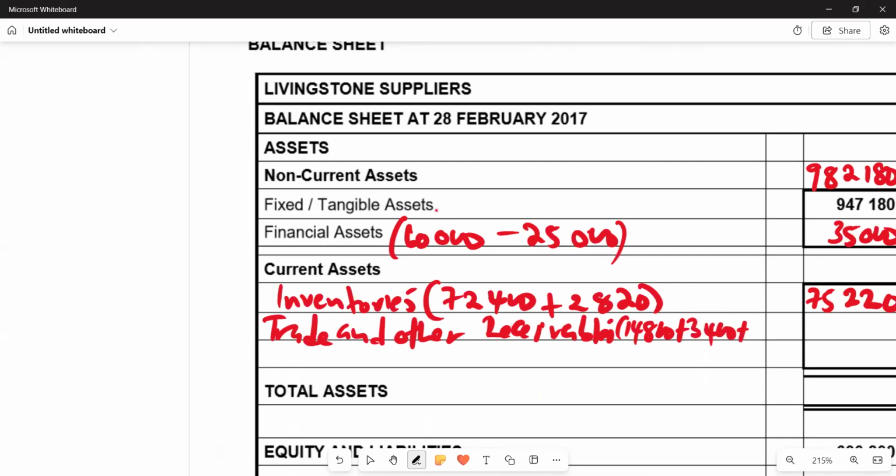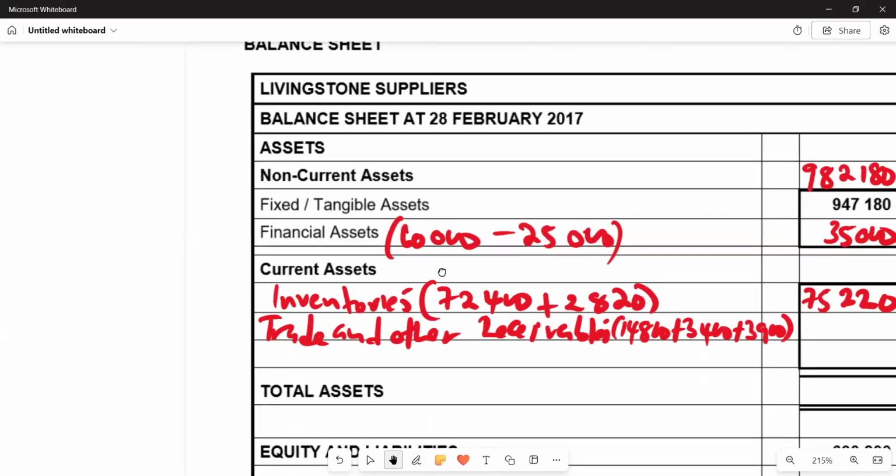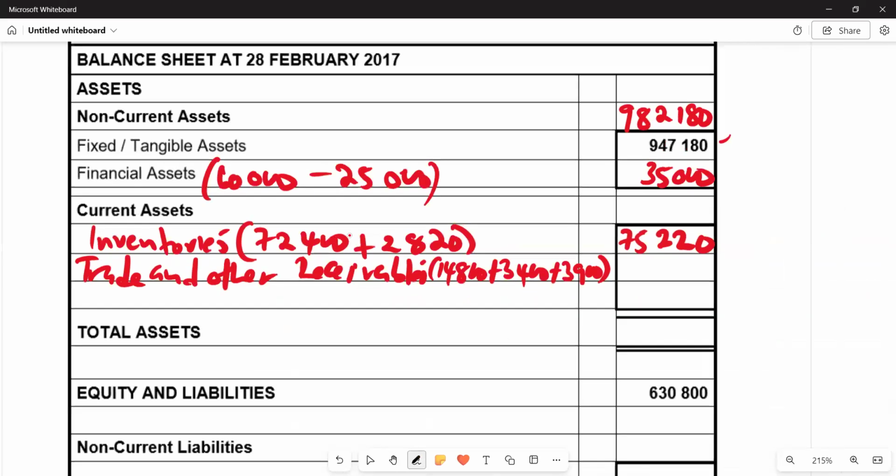We add 3,900. And then the answer that we are going to get there, 22,100. So this is what we have, and then we check what we have next.